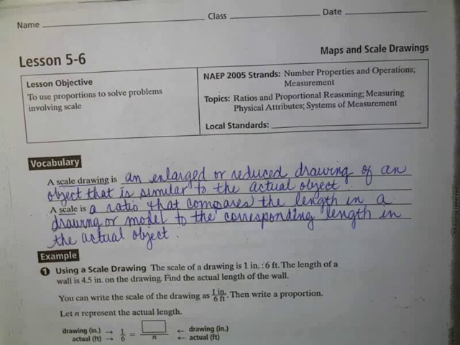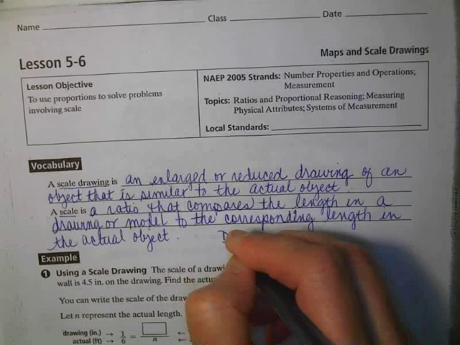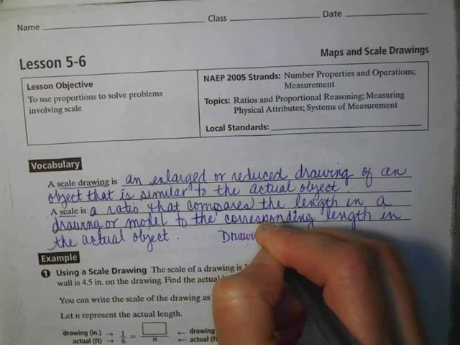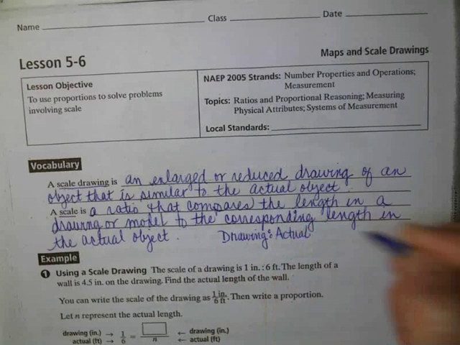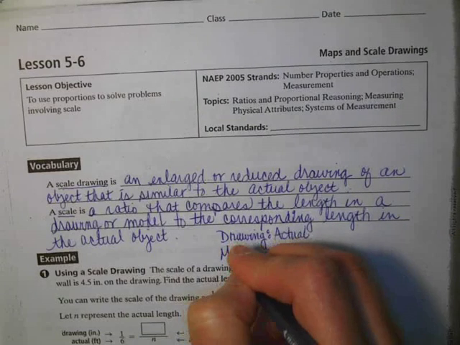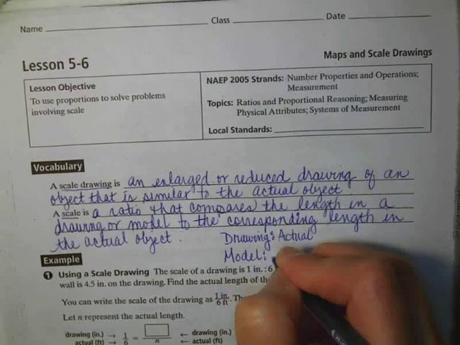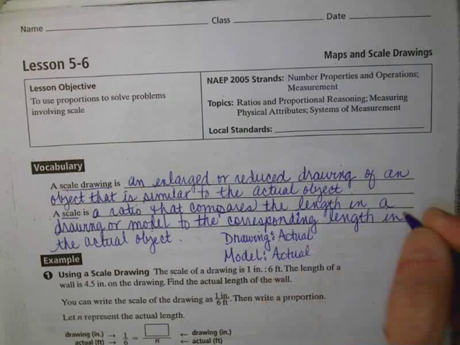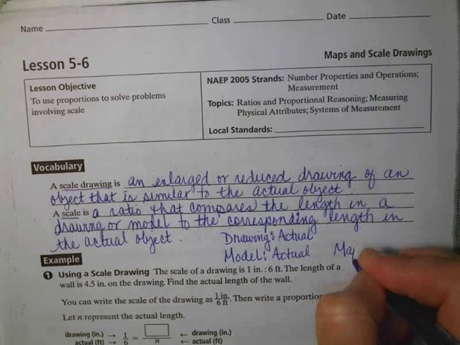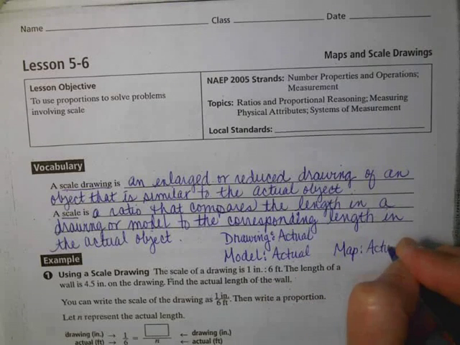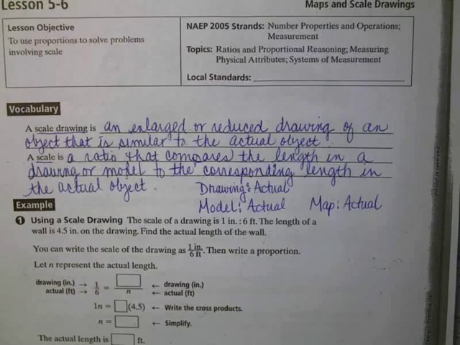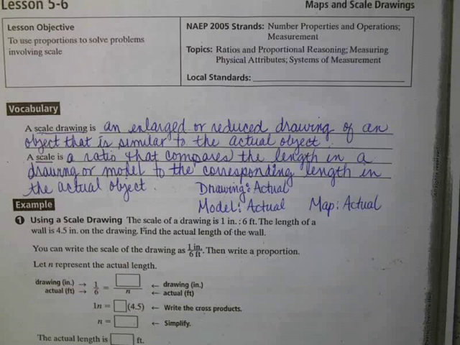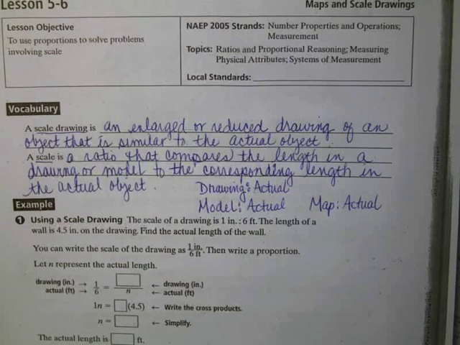So that's very definite, always set up as the drawing to the actual, model to actual, or map to actual. Just remember, the real thing comes second. The drawing, model, or map comes first. Okay. All right. Now let's get into what we need to do here.